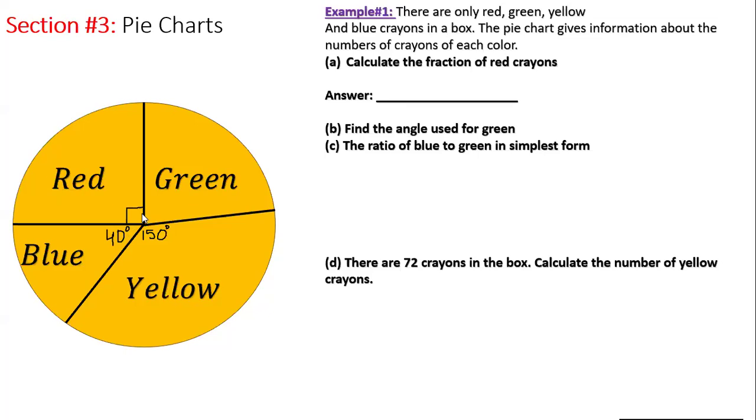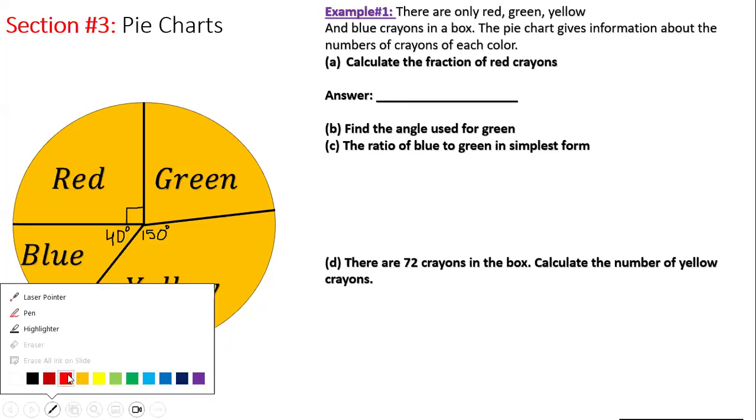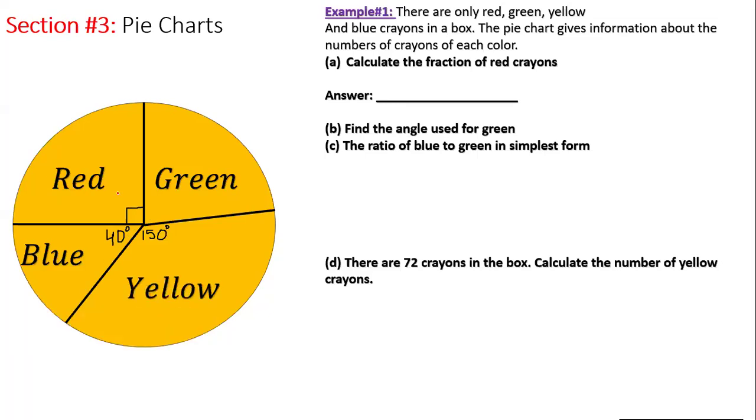So this little box right there, what does the box represent? 90 degrees. Very good. So that means the red is 90 degrees, right? But what's the total for the circle?